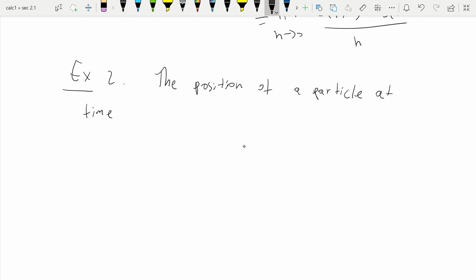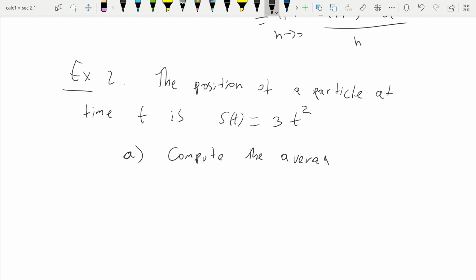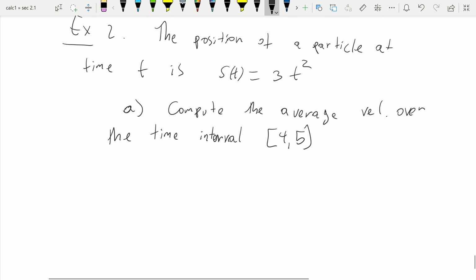At time t, the position is s of t equals 3t squared, and we're asked to first compute the average velocity over the time interval [4, 5], and then we're asked to estimate the instantaneous velocity at t equals 4.